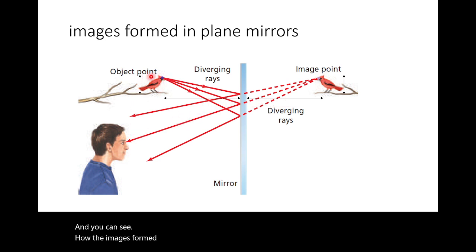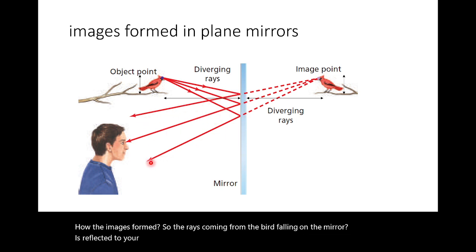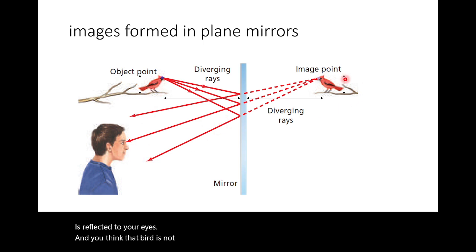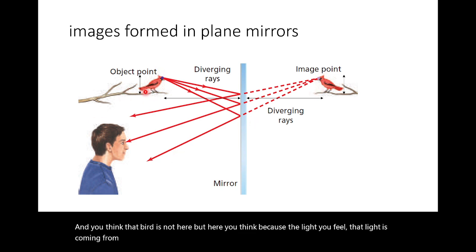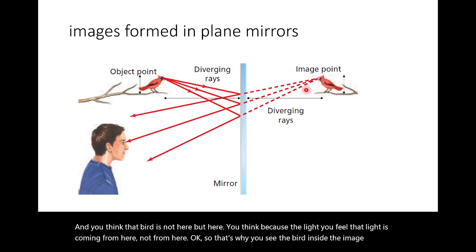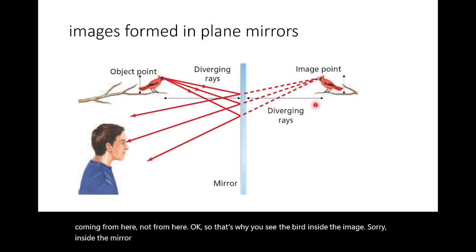The rays coming from the bird falling on the mirror are reflected to your eyes, and you think that the bird is not here but here. You feel that light is coming from here, not from here. So that's why you see the bird inside the mirror.